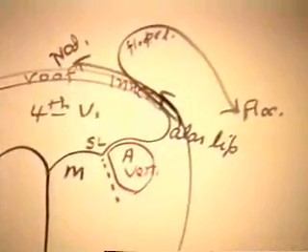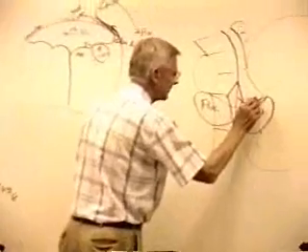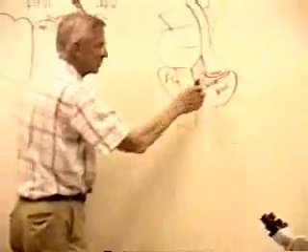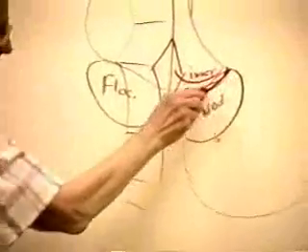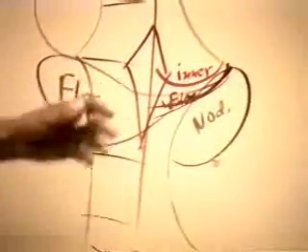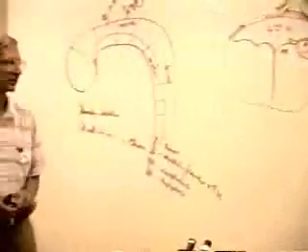Same development. So we have the inner peduncle going that way and the floccular peduncle coming around laterally to join the floccular nodular lobe. So that's essentially one system.